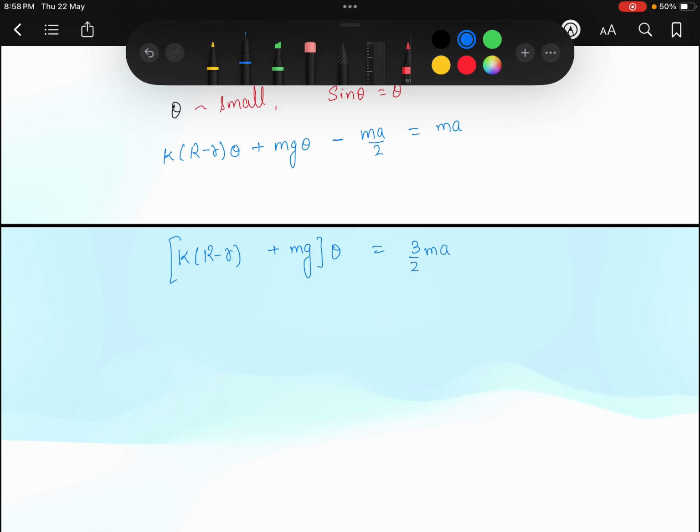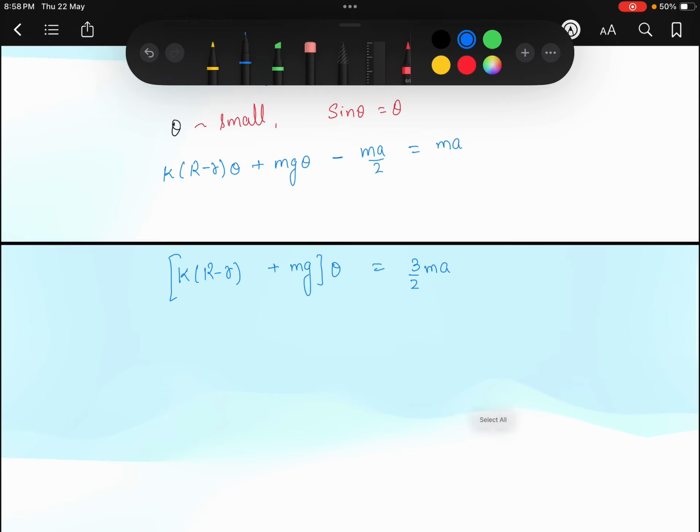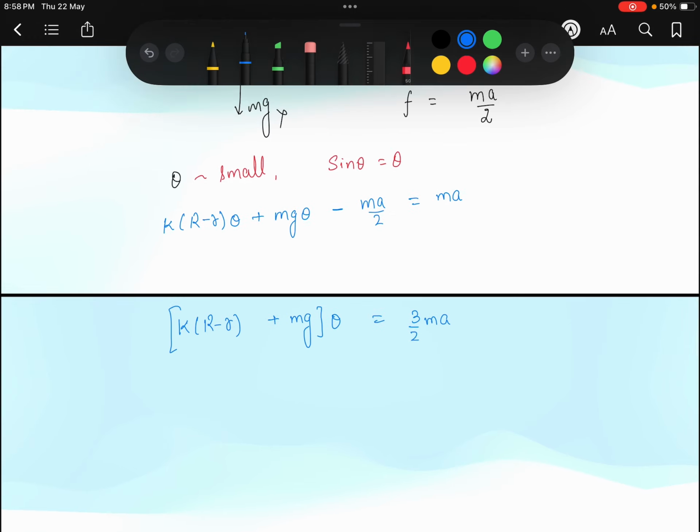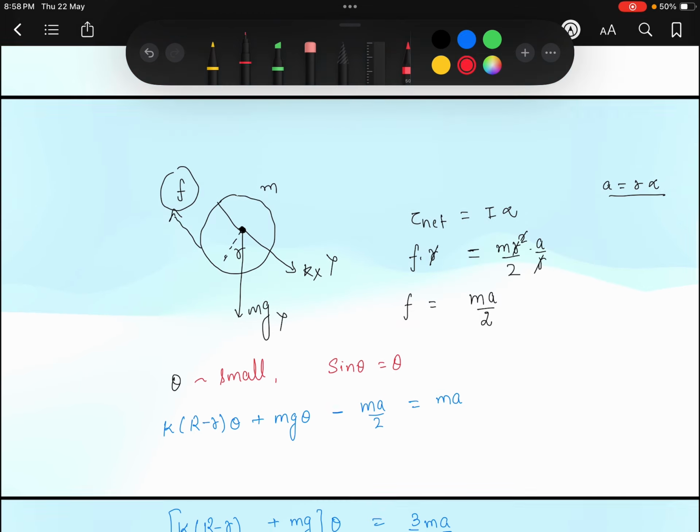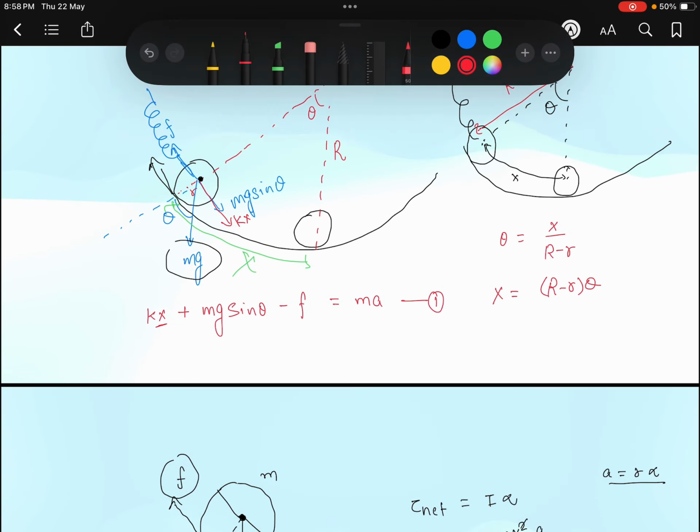Okay, so here we have to replace this acceleration term also, since we are getting here the angular displacement equation, that angular equation of SHM. So if we replace this acceleration in terms of angular acceleration, then it will be easy for us to calculate the value of omega. So how we will replace it, that we will do from here.